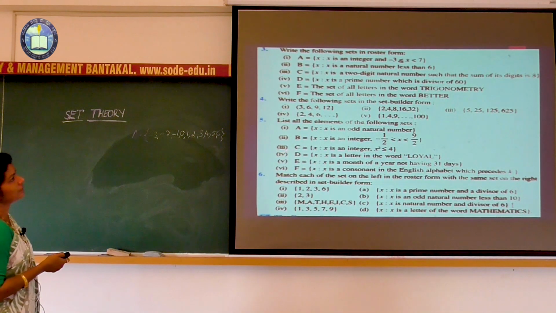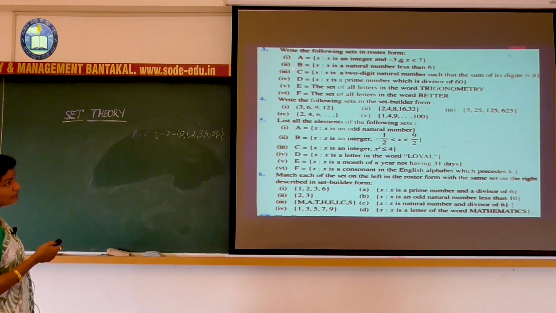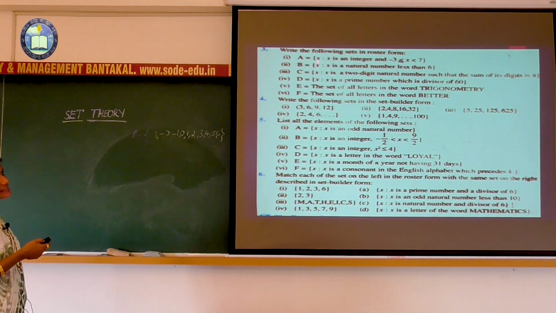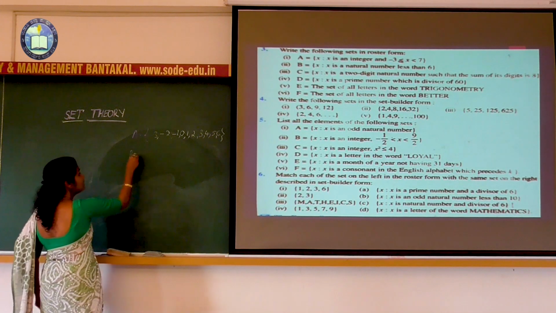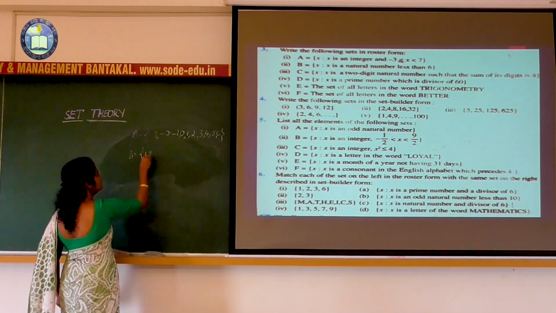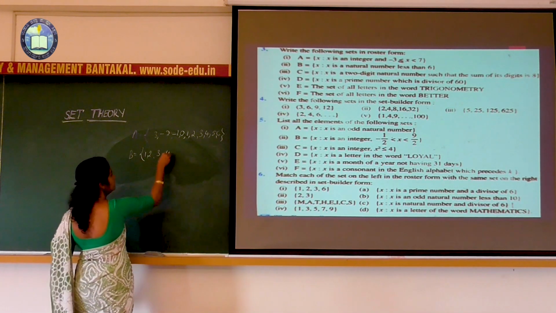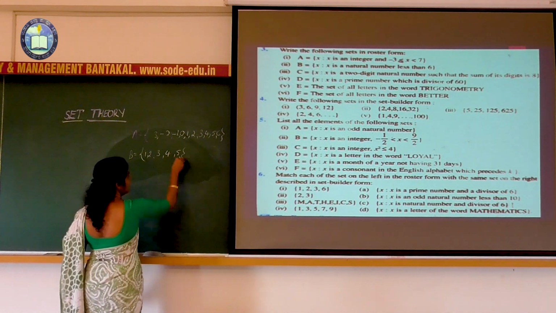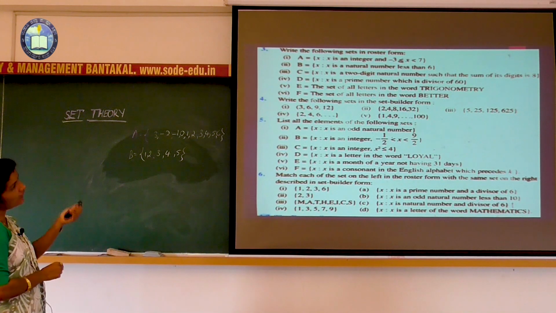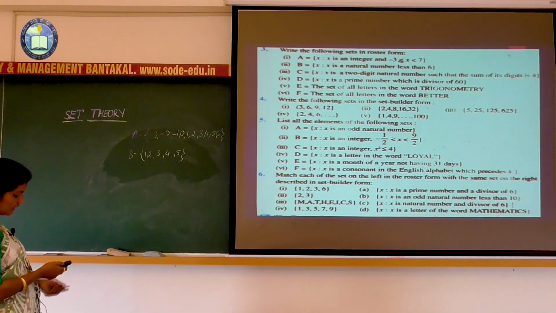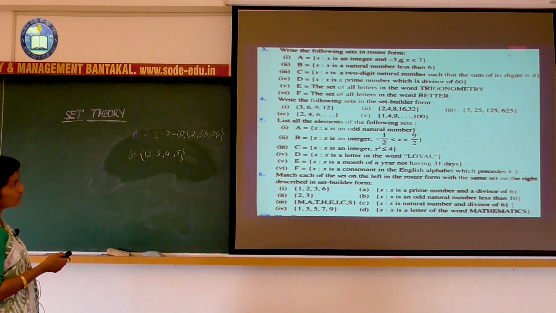Consider the second example. Set B is equal to, it is a set containing x such that x is a natural number less than 6. So if we list out: 1, 2, 3, 4, 5. It is less than 6, right? So 1, 2, 3, 4 and 5 only. Like this you can complete all other questions, okay?